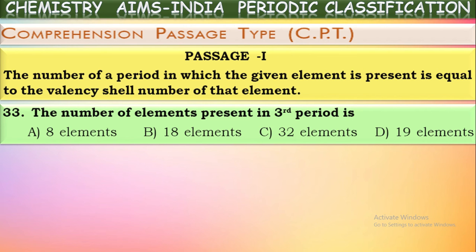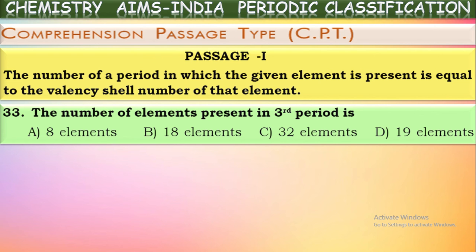How many elements are there in the third period? We know the first period has only two elements, hydrogen and helium. That's why you say very short period or shortest period. Second and third periods have 8 elements in each, so they are called short periods.